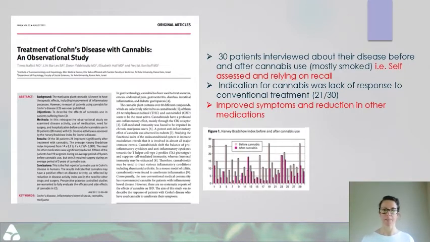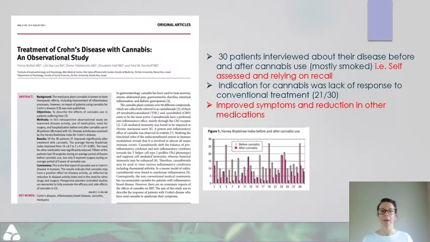So this is a graph to just show that. The Harvey-Bradshaw index is a survey score basically of how well you're doing with your Crohn's disease, and it will be based on a lot of different factors. So things like pain, appetite, weight loss, flare-ups, diarrhea, frequency of stools, all of these kind of things will be accumulated together into a single score.